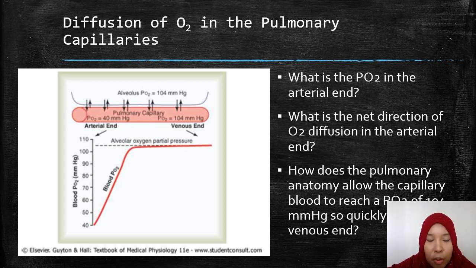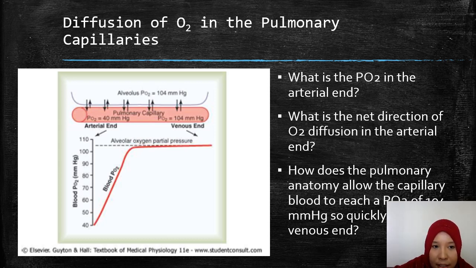Remember the gas law that says that gases move from a higher concentration to a lower concentration. Now you can see that in the pulmonary blood, you have a 40 millimeter mercury partial pressure of oxygen. This is a concentration. It means that the amount of oxygen is low, right?